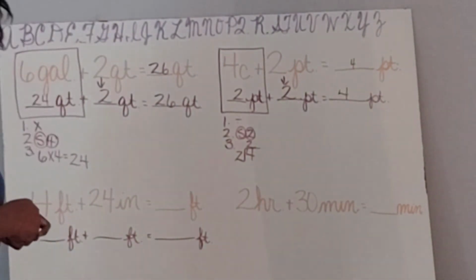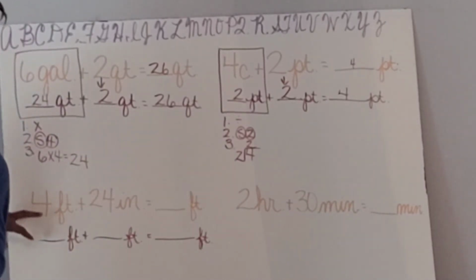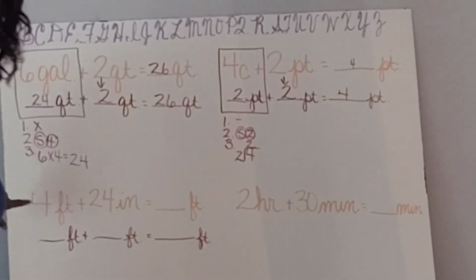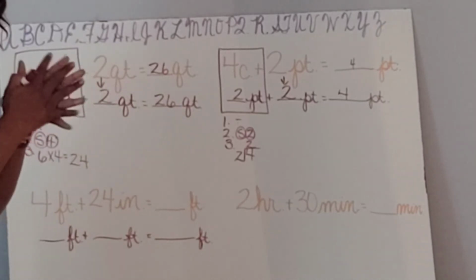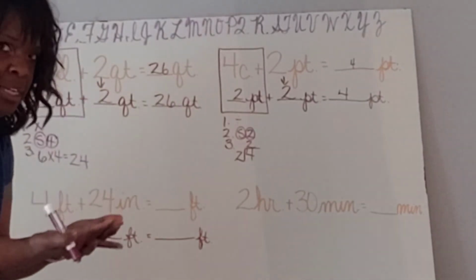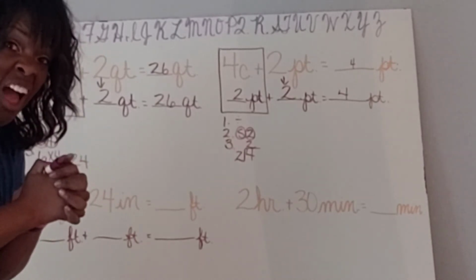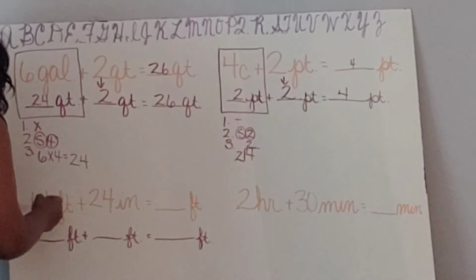Then we think, I don't know how many feet, but there is a clue, because if there's 4 feet here, feet and feet are the same. So 4 feet is going to equal 4 feet. Yes. So we write 4 underneath.